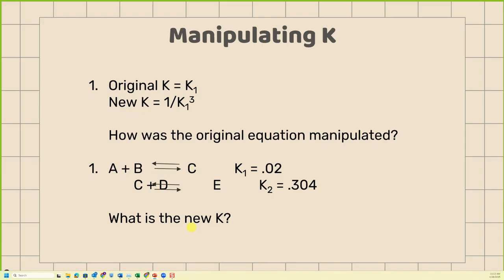I suppose we would just say everything was multiplied by a factor of 3 in the equation, and it was flipped because we did the reciprocal here. So flipping it is a reciprocal, and multiplying through by 3 raises it to the third power. It was reversed and multiplied through by 3. So 1 over 0.2 raised to the third power.